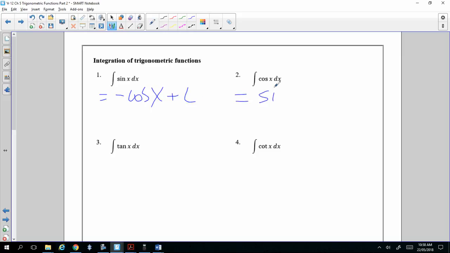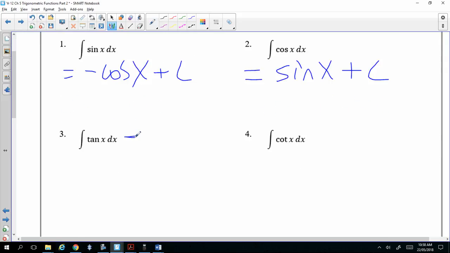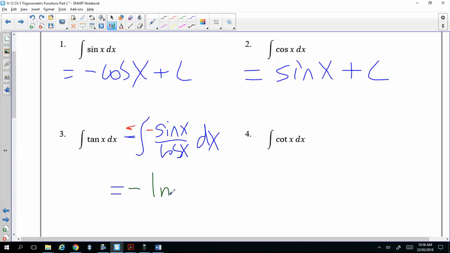Sine over cos. And then what you need to do is put a negative in front of sine, because the derivative of cos is negative sine. So you get negative ln cos x. And cot is just cos over sine, which is easier, which is ln of the denominator. Okay.